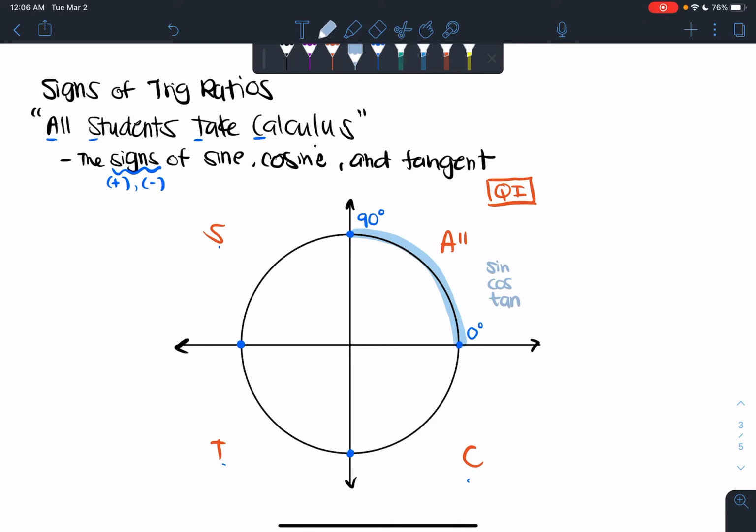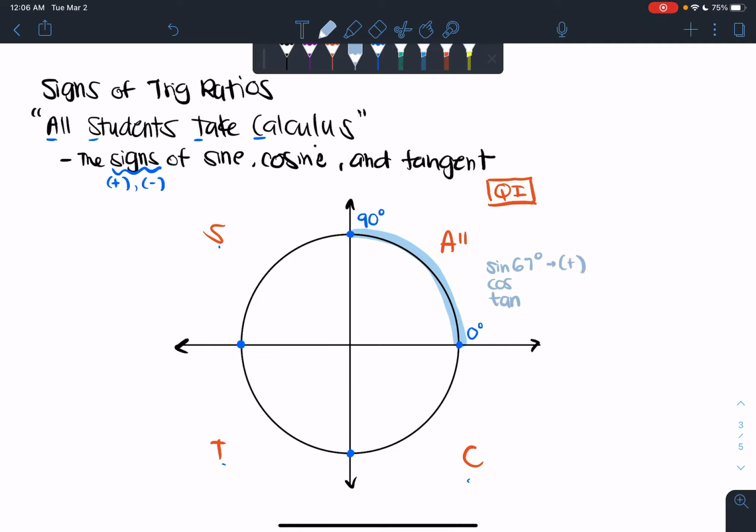Take, for example, sine of 67 degrees. Sine of 67 degrees is approximately 0.92, so it will be positive.